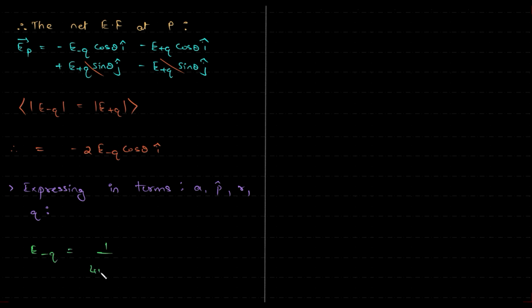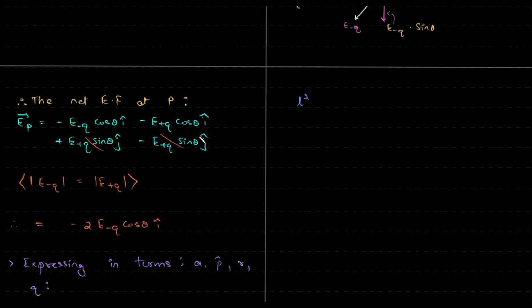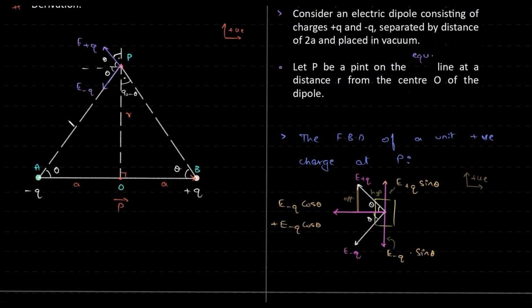1 by 4 pi epsilon naught, the source charge divided by the length. Here the length is L square. Of course, we need to re-express L square also. Let me show the diagram. This is your L. Let AP and BP be equal to L unit.